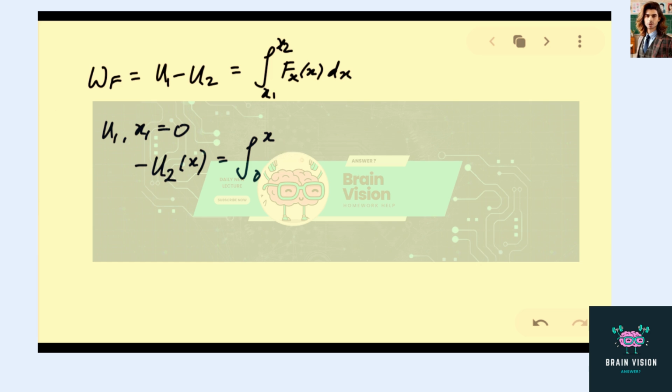Fx, in this case we're going to substitute the expression in, so there's a negative alpha x plus beta x squared dx, multiplying the negative over to the right hand side. This is just u of x, right?